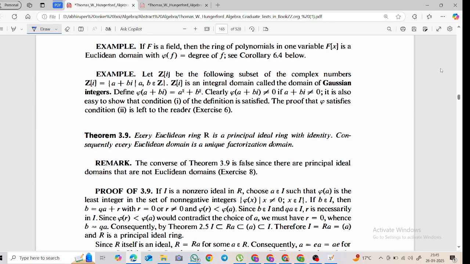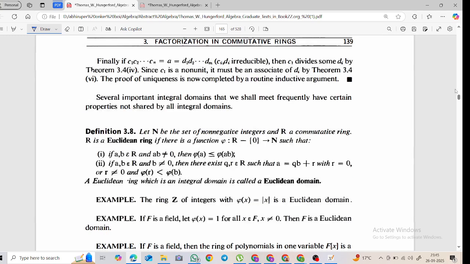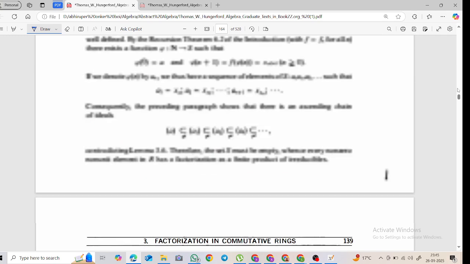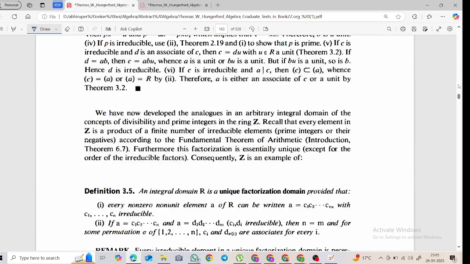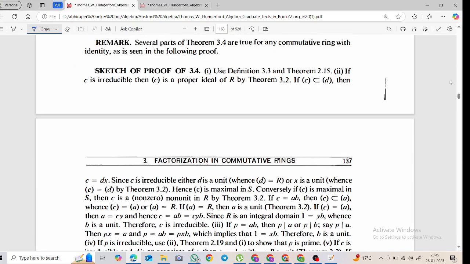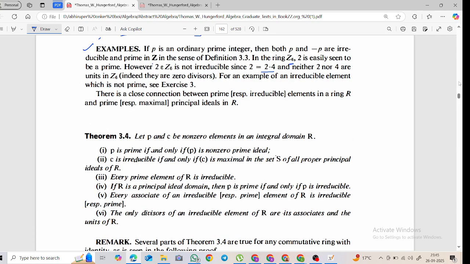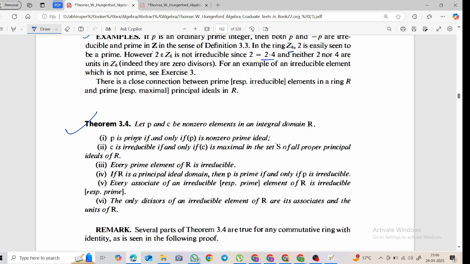Gaussian integers and all that, this is easy. Do it at home.